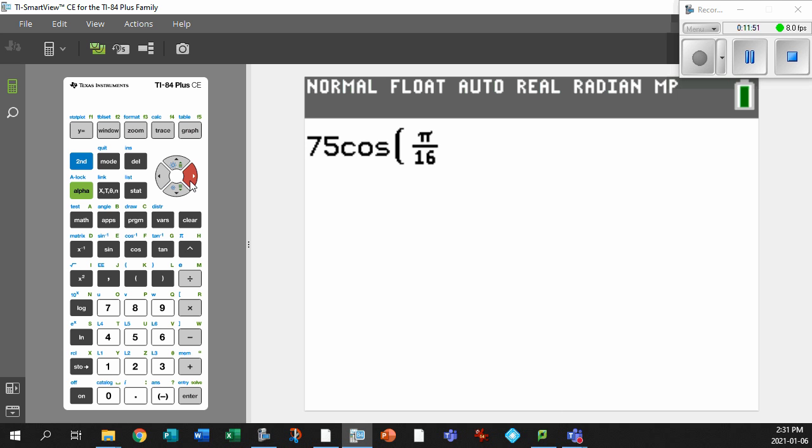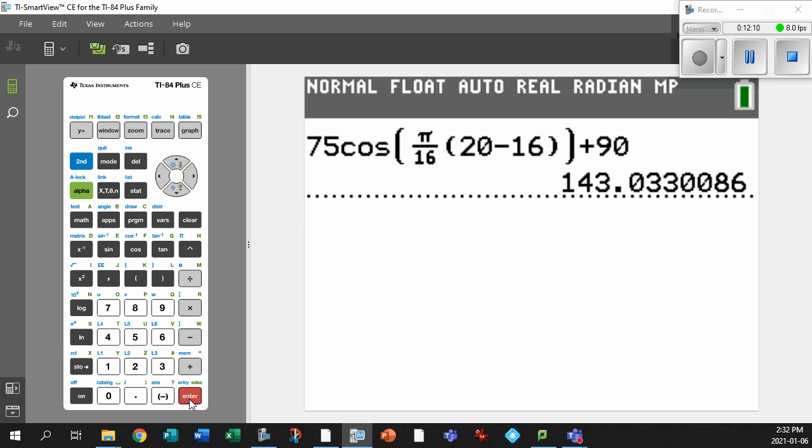Now remember, your x value was 20 minutes, so let's put in 20 minutes minus the 16 that was in there because I'm using the positive version. Don't forget your bracket, which finishes it off, plus 90. According to this, you're at 143 meters above the ground.